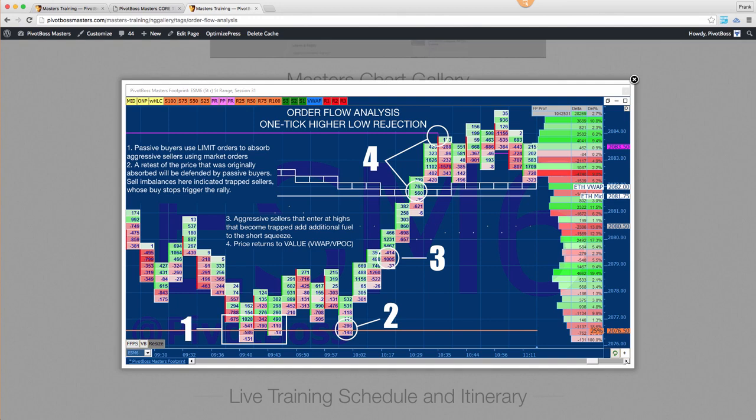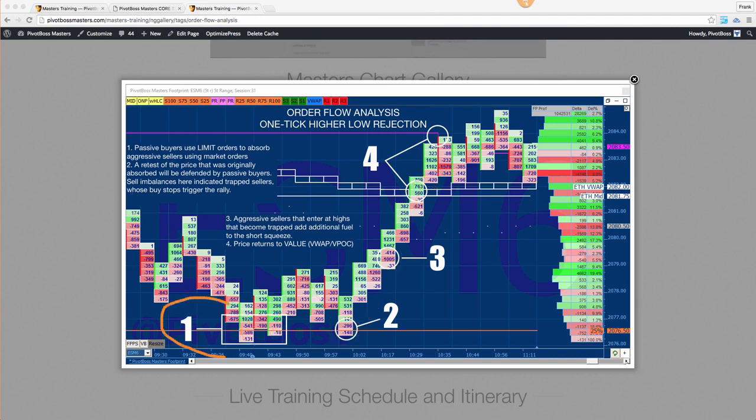What I wanted to do with these 8 different order flow examples is show you, generally speaking, what it looks like when a top or bottom forms with various events. In this event, this is a bottom that's a one tick higher low rejection. So prices were dropping, they hit this area, bounced a little bit, found a one tick higher low, and then rallied.